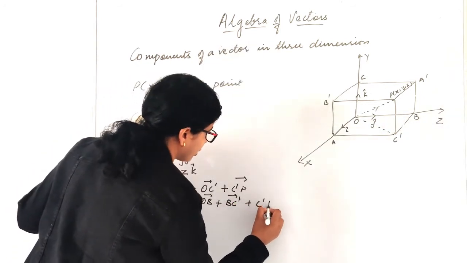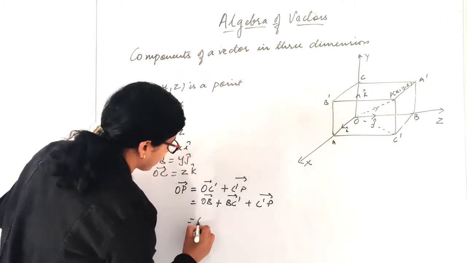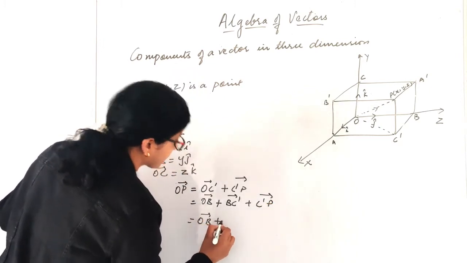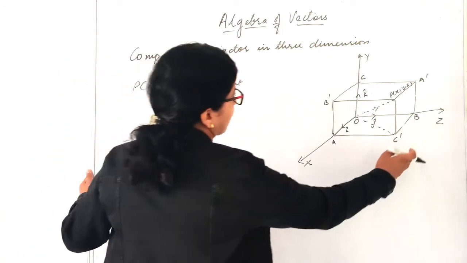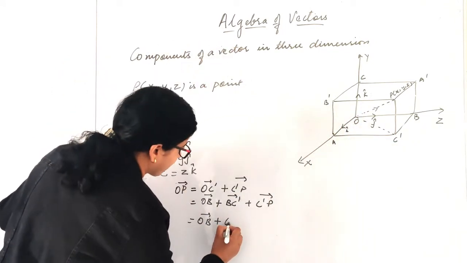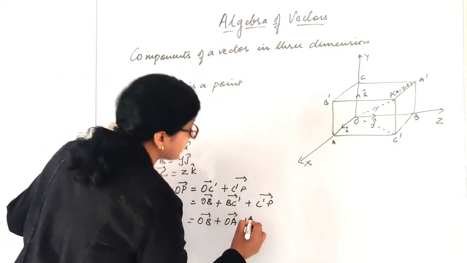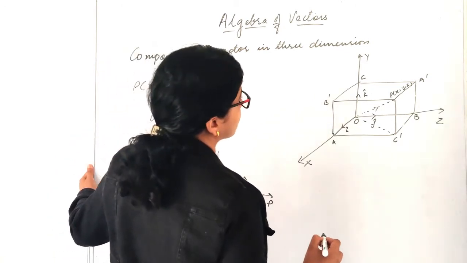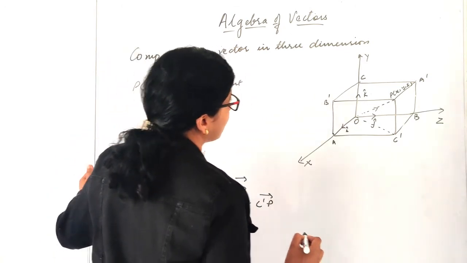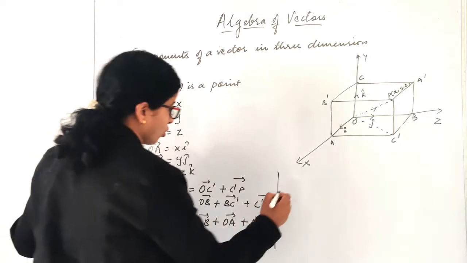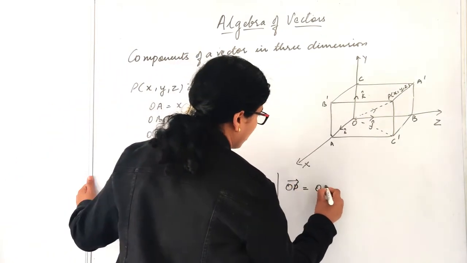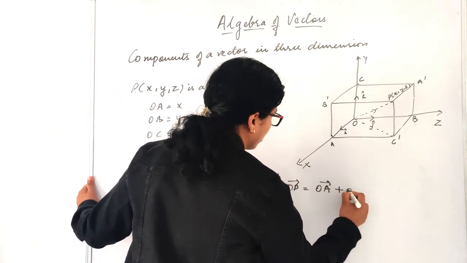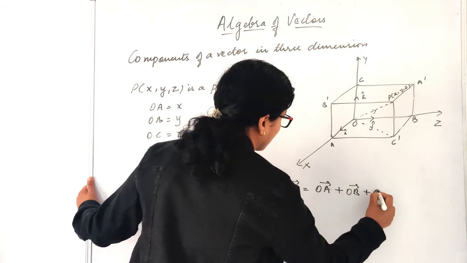So OB vector plus BC dash vector is nothing but equal to the OA vector, and C dash P vector is nothing but equal to the OC vector. So the OP vector can be written as OA vector plus OB vector plus OC vector.